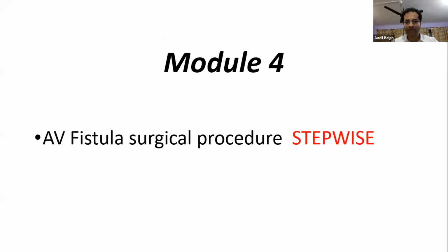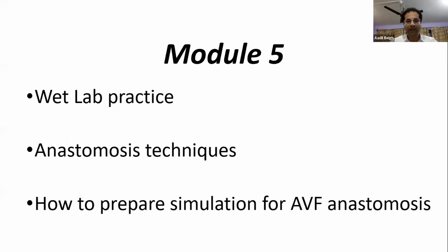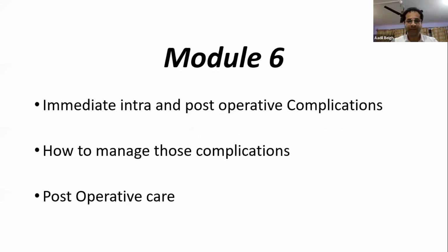Module four will include the AV fistula surgical procedure stepwise, from the incision to the closure of the wound. Module five will have wet lab practice, multiple anastomosis techniques, and how to prepare the simulation for AV fistula anastomosis. Module six will cover immediate intraoperative and post-operative complications, how to manage them, and post-operative care.